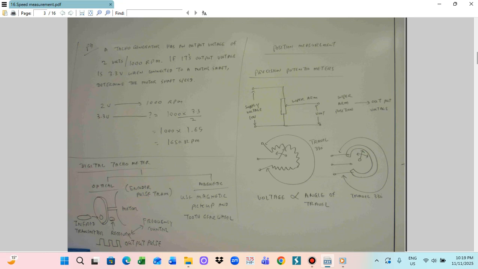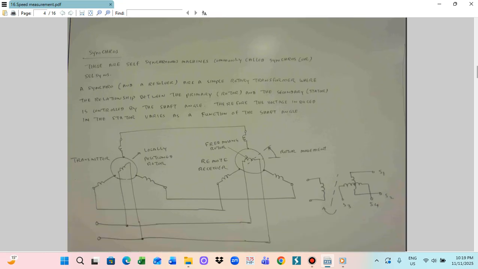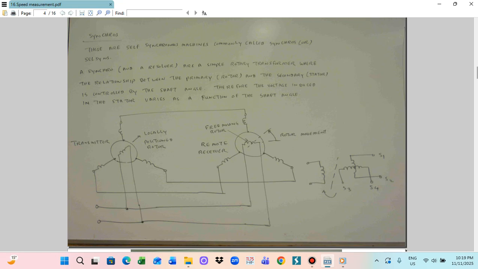Another thing, based on the distance technology, we utilize the position transmitter and the receiver. Both position transmitter and receiver are combined in the device called a synchro. Synchros are synchronous machines, and we usually call them a synchro system.